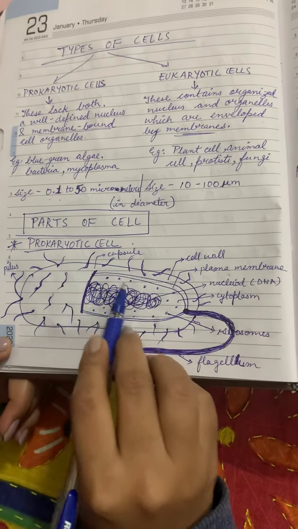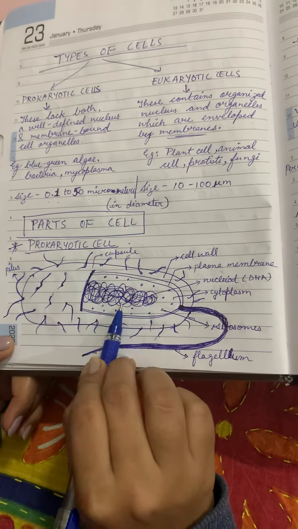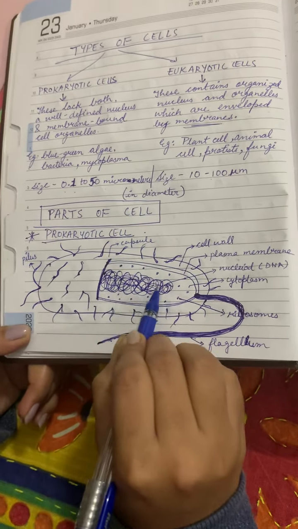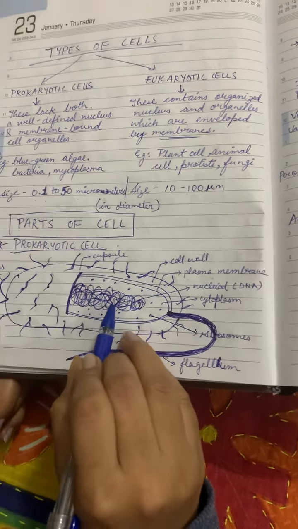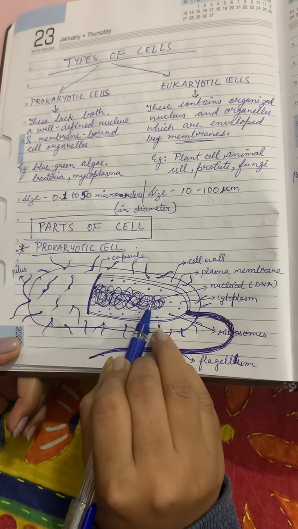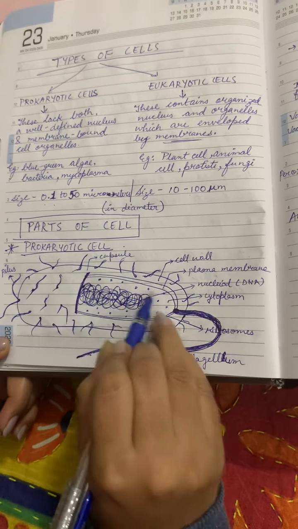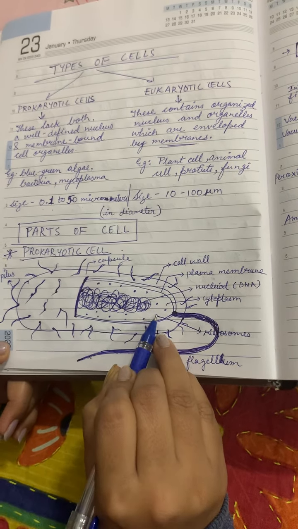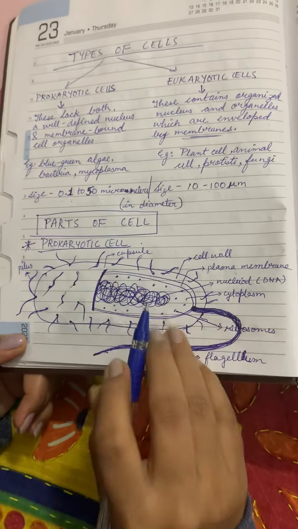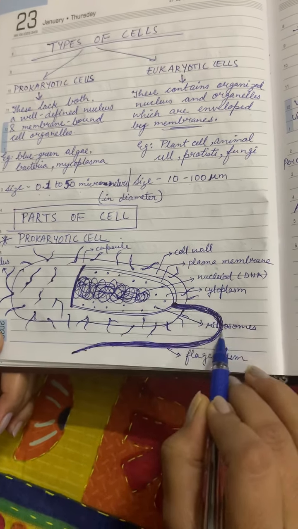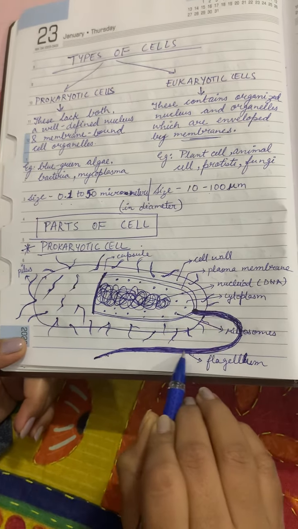Now you can see here everything is open, right? This chain-like system is known as nucleoid. Here itself the DNA and RNA are found in clusters. And these are the organelles. These parts are ribosomes, and we will understand each and every function later. This prominent hair-like structure is known as flagellum.